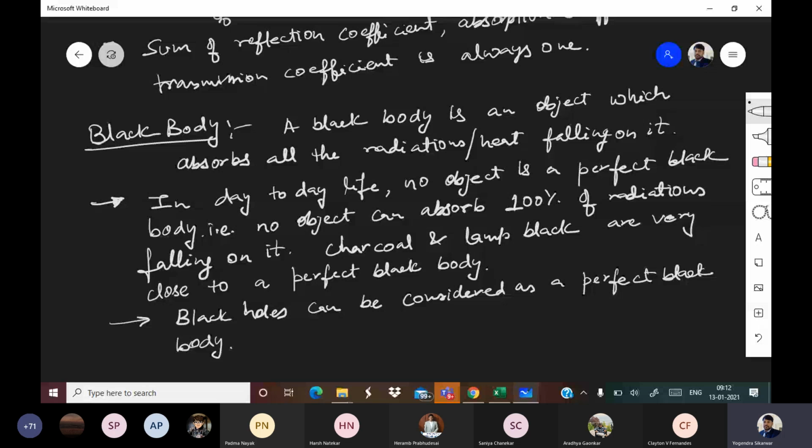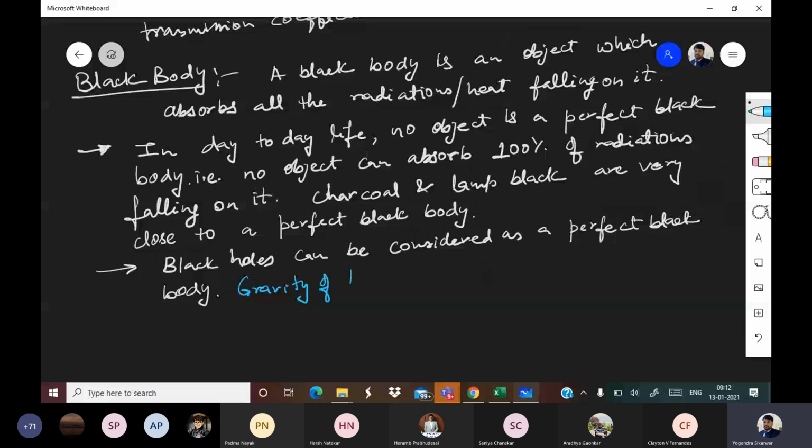Do you know why black holes are a perfect black body? Because even light cannot escape from them. Okay. So I am writing the reason. Gravity of black holes is very high.